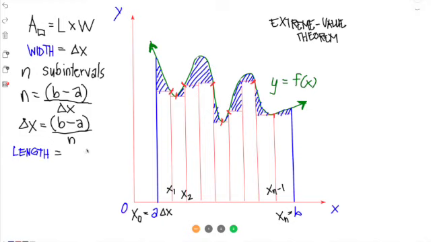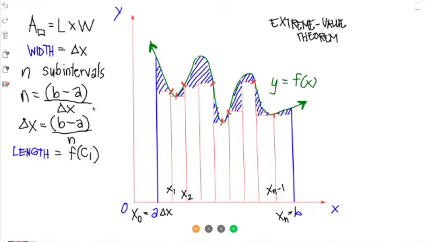Let's call that minimum value c sub i, or since we are using a function, call it f of c sub i. For the first one, this would be c sub 1, the next one c sub 2, and so on until we reach c sub n.